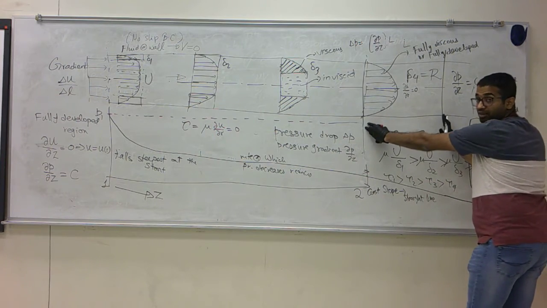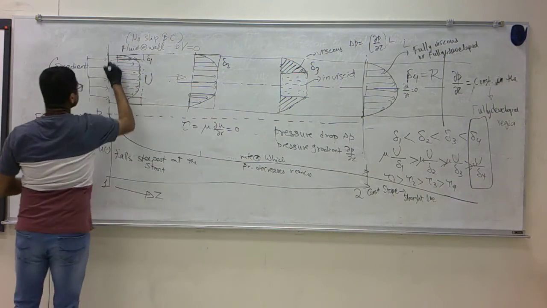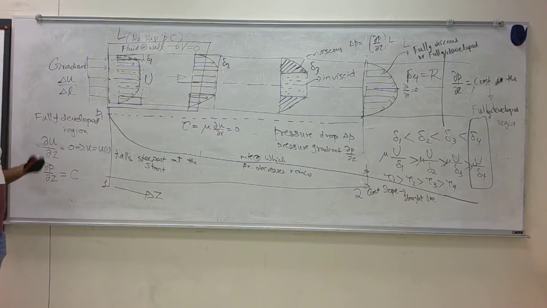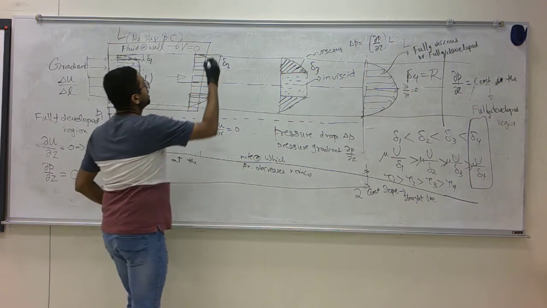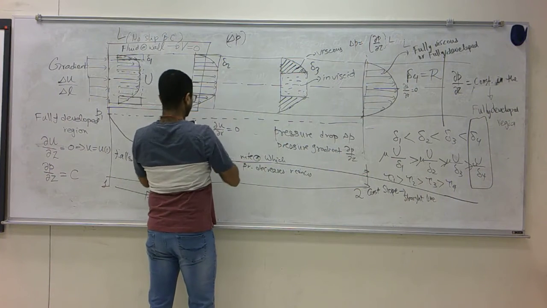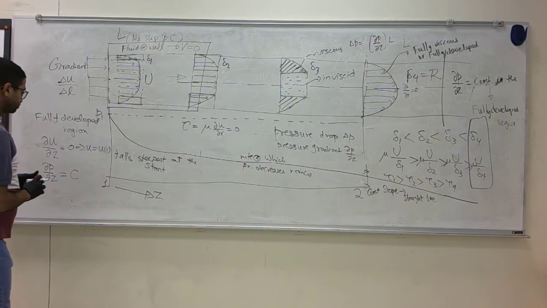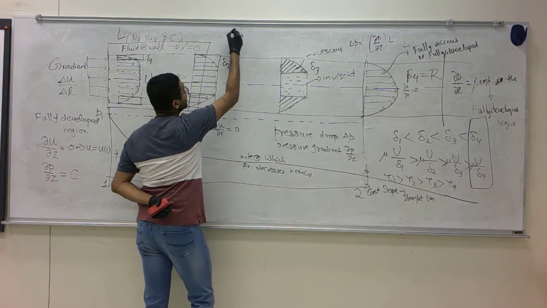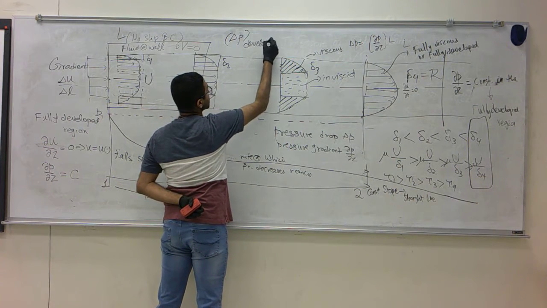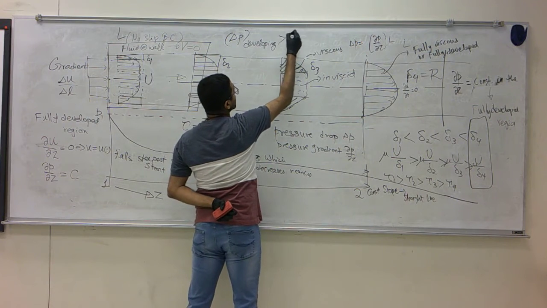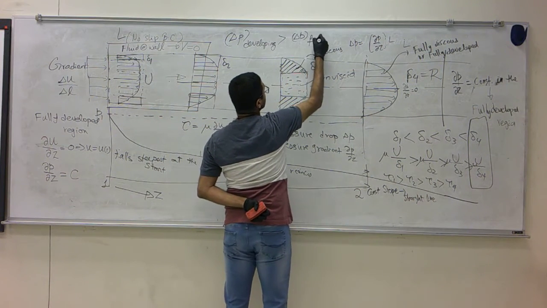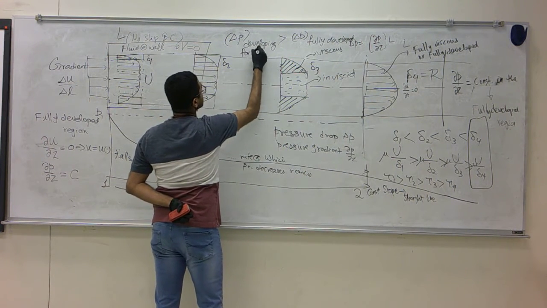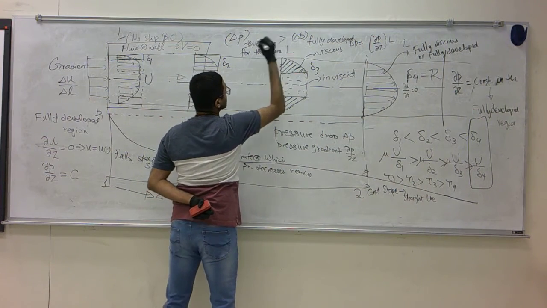If you consider the same length L, but at this portion where the flow is still developing, not yet fully developed, the delta P in the developing region is more than the delta P in the fully developed region for the same length.